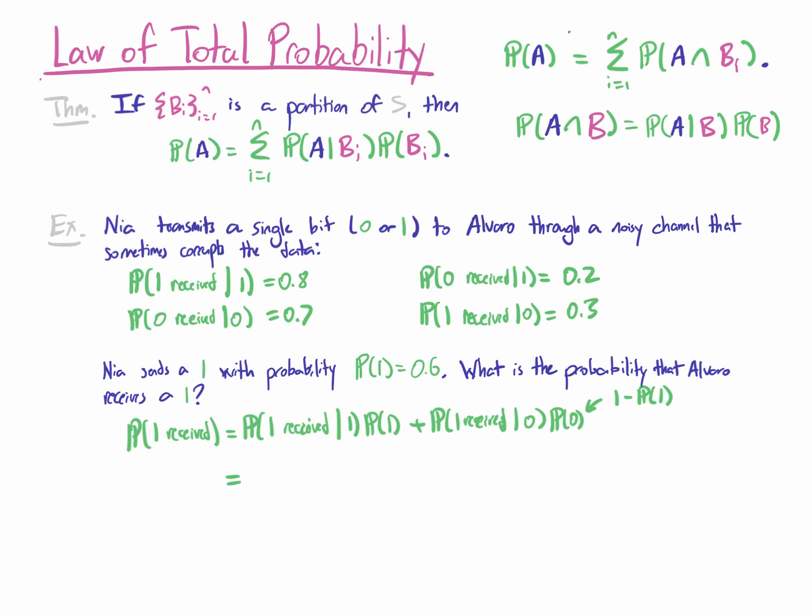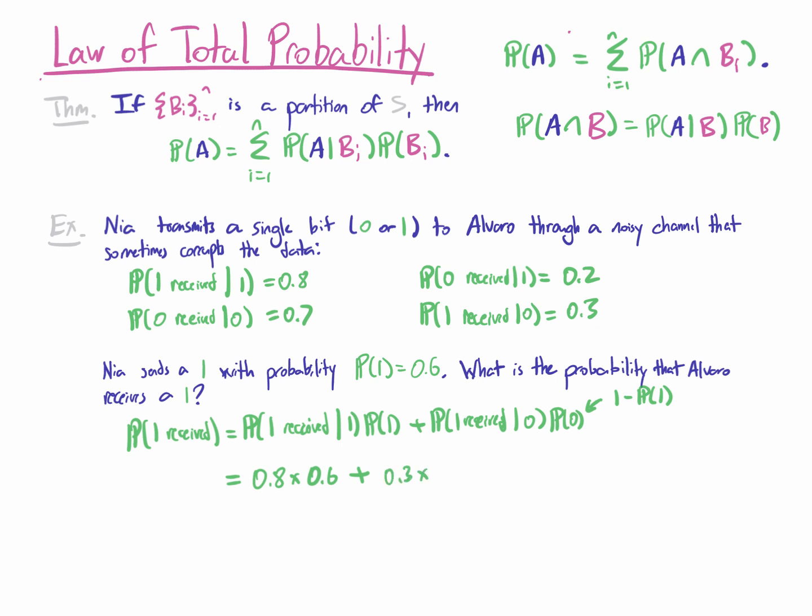So here we go. We have the probability of 1 received given that Nia sent a 1. That's 0.8. And then we multiply that times the probability that Nia actually sent a 1, which is 0.6. Plus, the probability that a 1 is received given that Nia sent a 0 is 0.3.